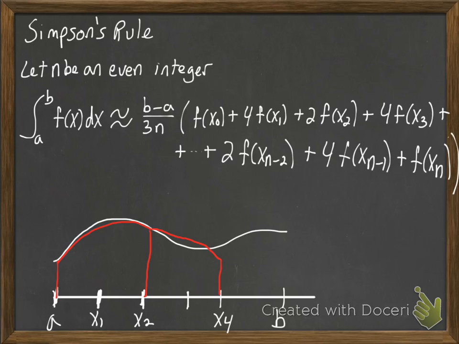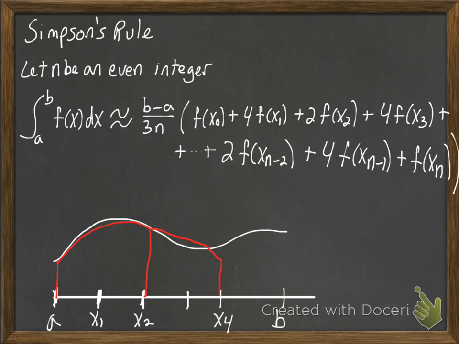And again, we're estimating and finding the area beneath those parabolas, and so on all the way through the same number of points. Since you always need three points, we're always going from one even number to the next even number. And that's why our formula calls for n to be even, so that we can get full parabola segments all the way through.